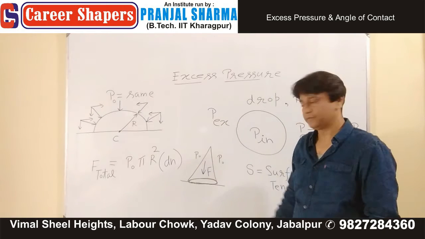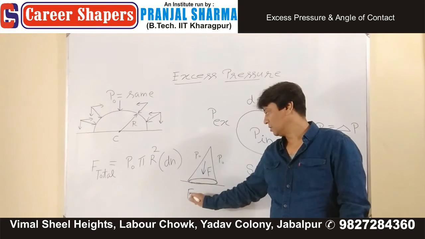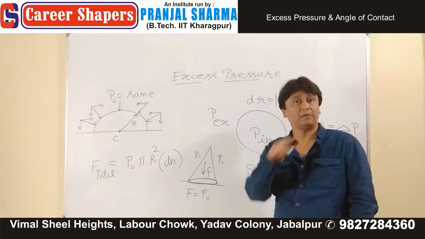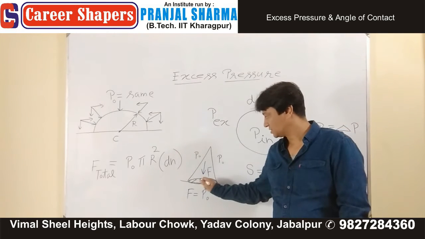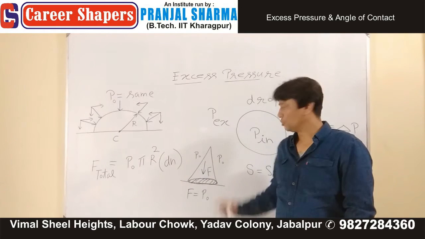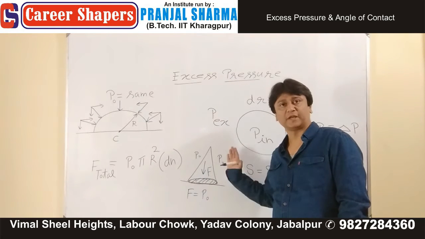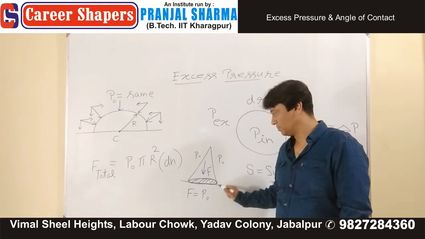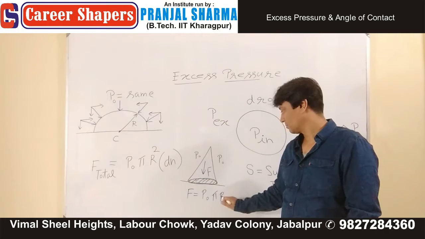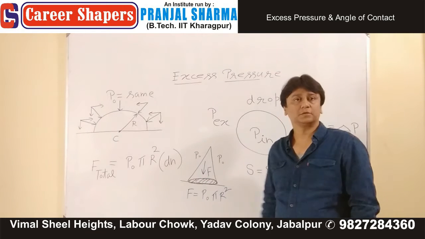Call it F, and remember this F will be P naught multiplied by this area, the base. You don't have to go for lateral surface area. Instead, go for the base area, which is again pi r square.